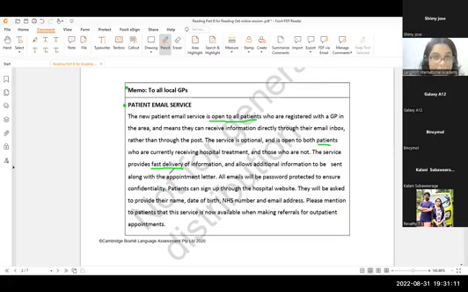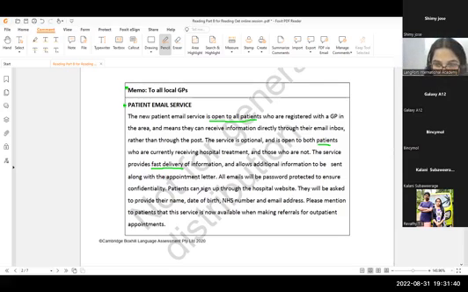Next sentence. All emails will be password protected to ensure confidentiality. The entire email is protected via a password, which ensures confidentiality. Confidentiality means privacy is kept.